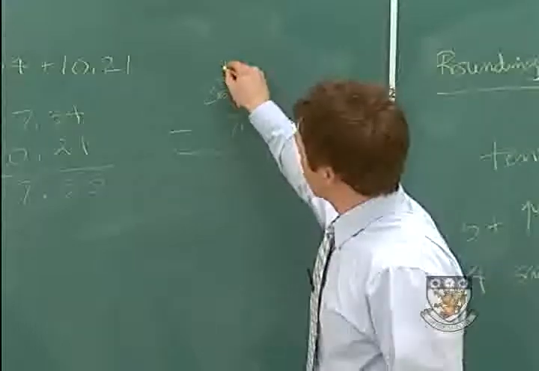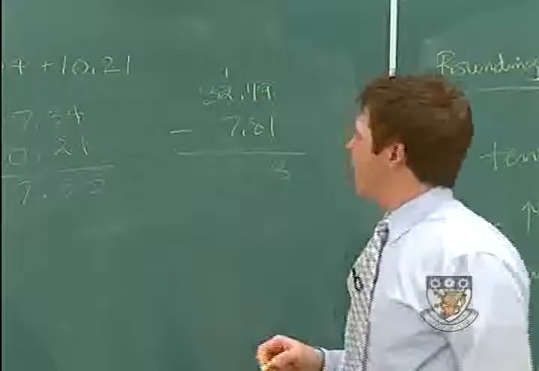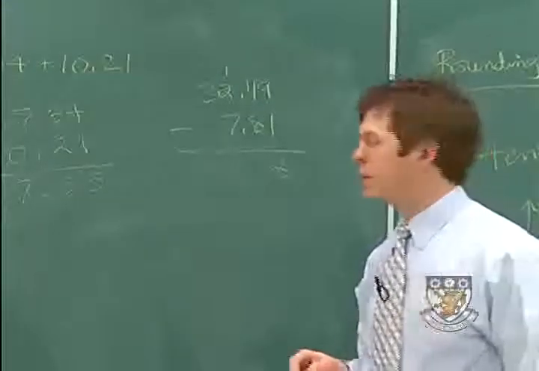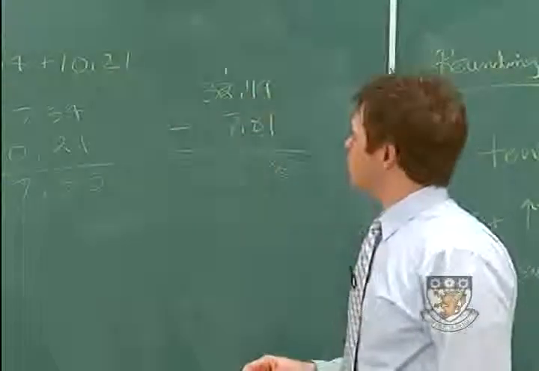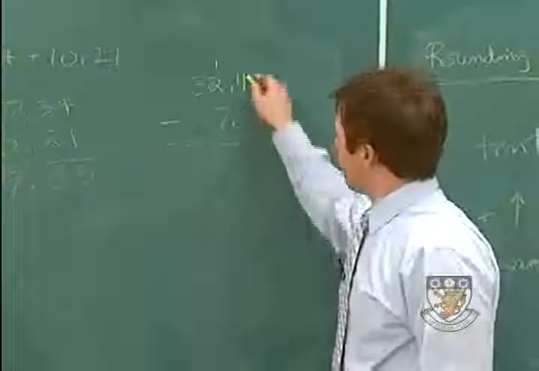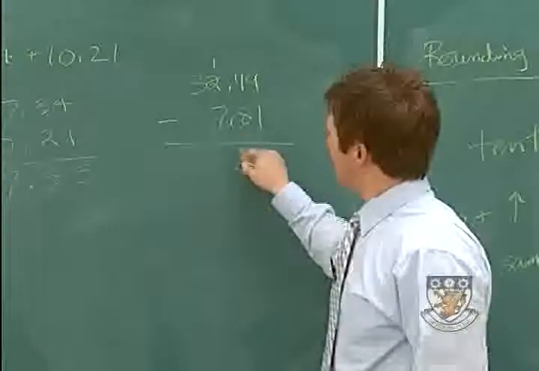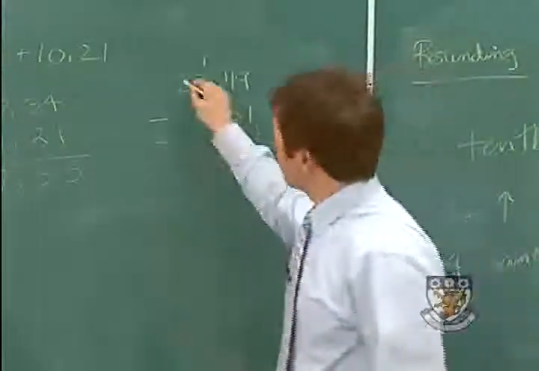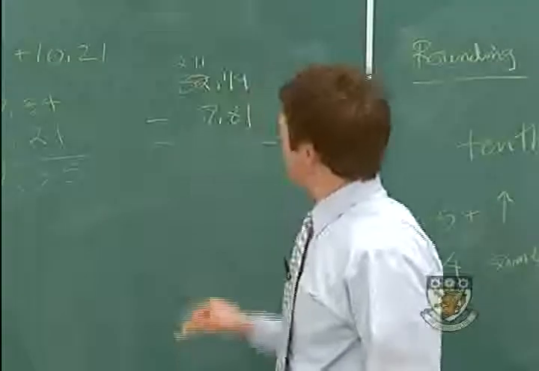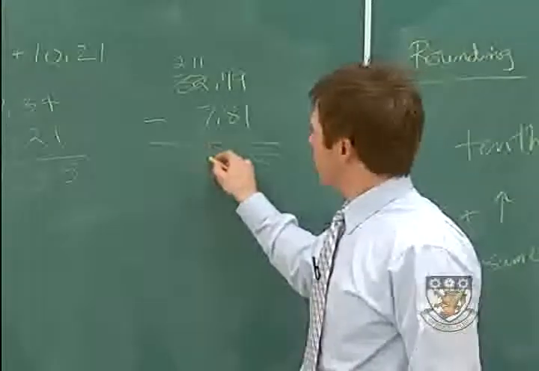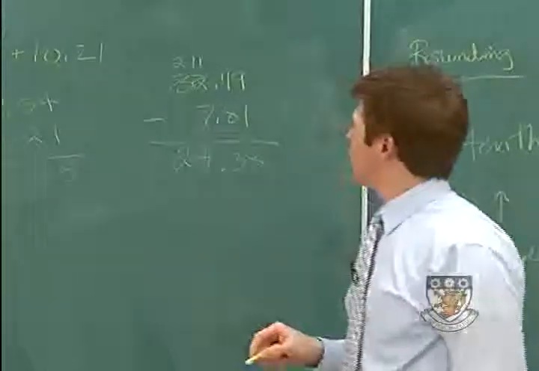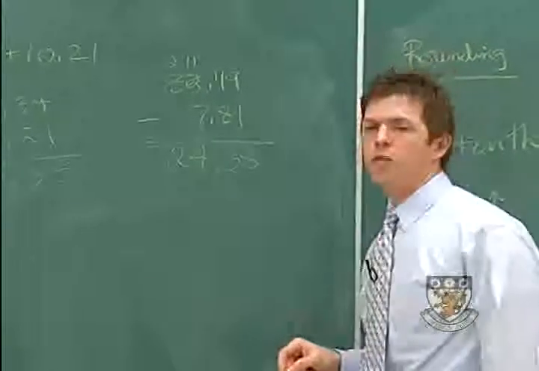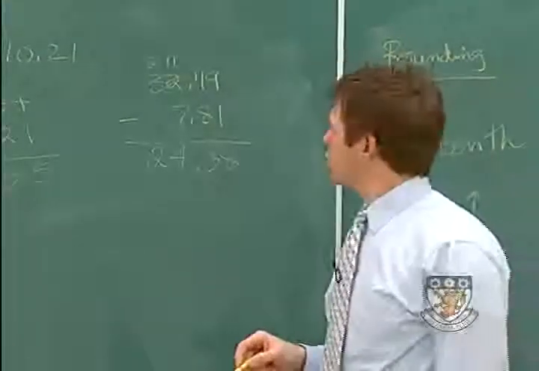So I have to borrow, make that a 1, and that 1 becomes an 11. I'm borrowing 10 from that spot over there. 11 minus 8 is 3. This becomes a 1. Well, 1 can't subtract 7, so I borrow from the 3. Carry there, and end up with 24.38 are those two combined.